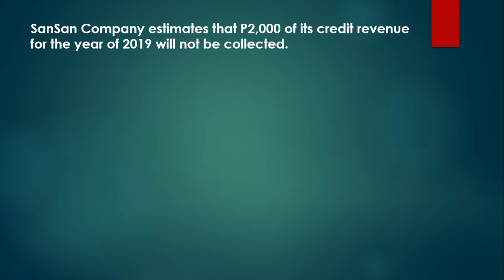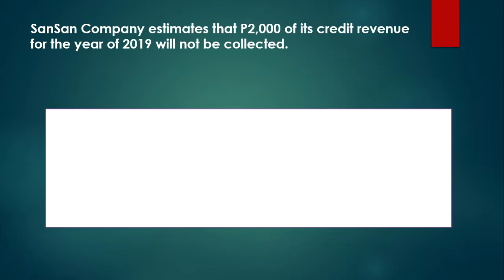SanSan Company estimates that 2,000 of its credit revenue for the year 2019 will not be collected. Sabi niya daw, si SanSan Company na-estimate niya na 2,000 ng kanyang mga pautang for the year 2019 hindi na siya makukolekta. So, how will we record that?